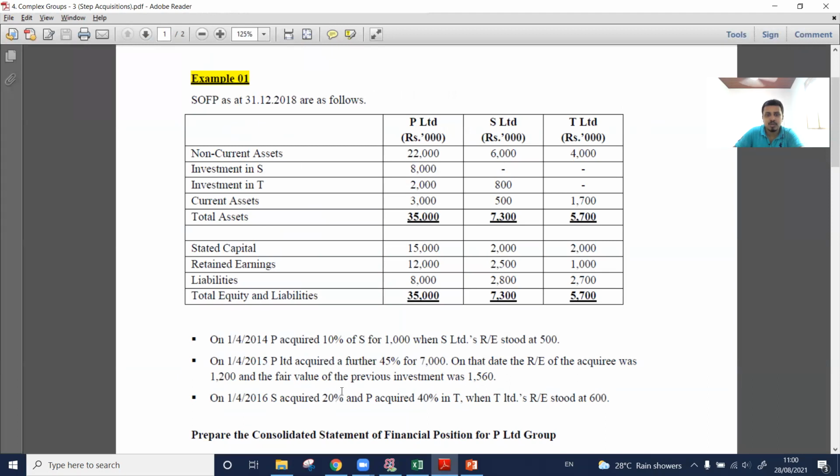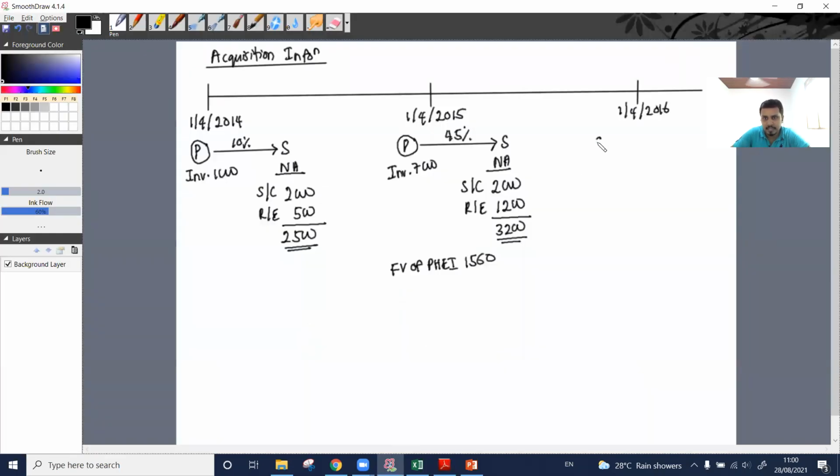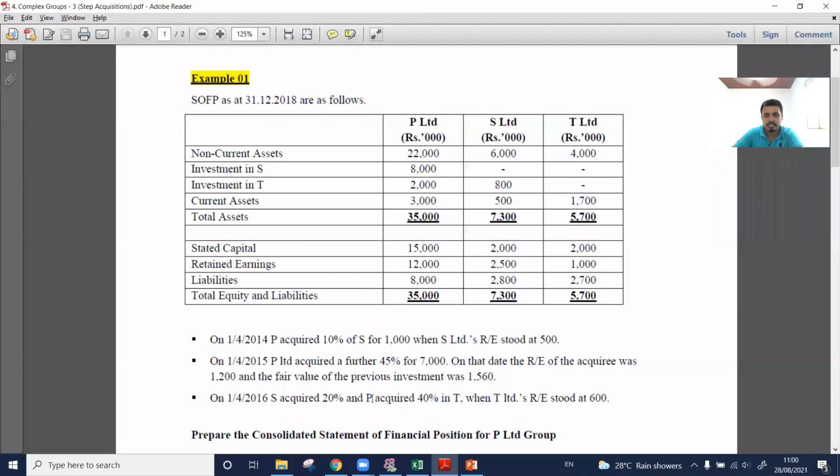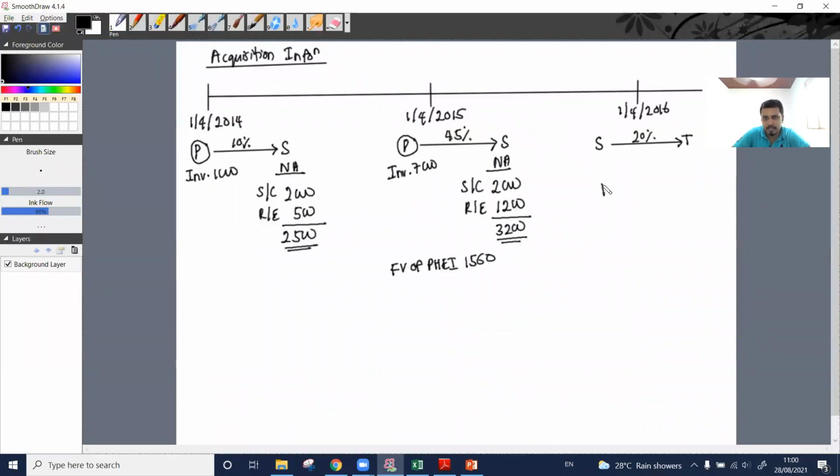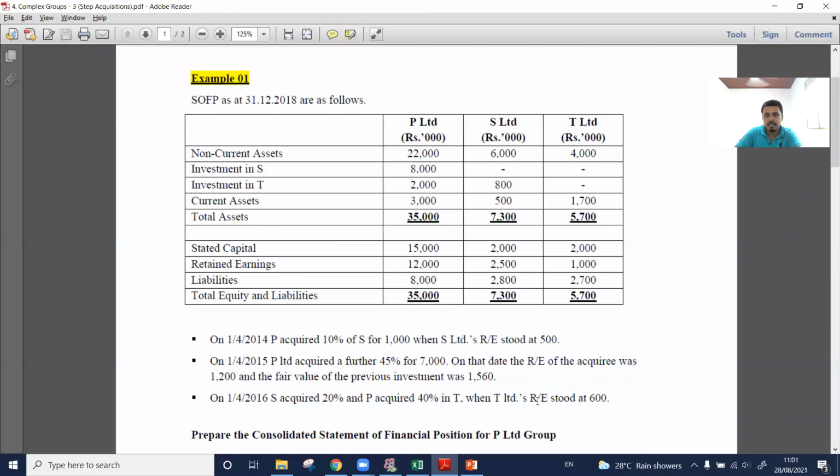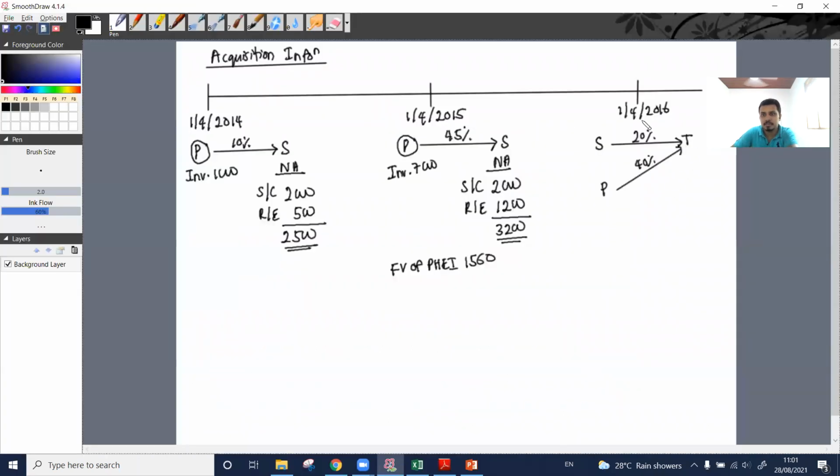S has acquired 20% and P acquired 40% in T. Company S has acquired 20% in T. On the same date, P has acquired 40% in T. Then when T Limited's retained earnings stood at 600, it means as at this date, their retained earnings was 600.